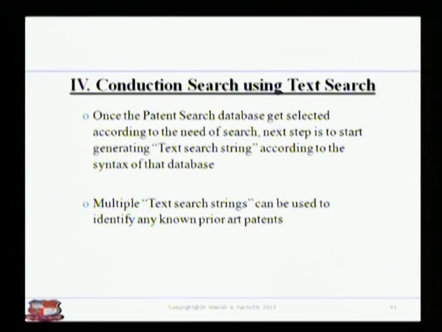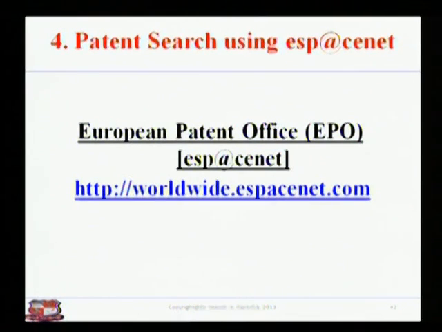So before starting the search, we have to prepare some kind of search string using different kinds of Boolean operators like and, or, and not. I will show you. So let's start the patent search using the Espacenet database. This is the website, worldwide.espacenet.com.